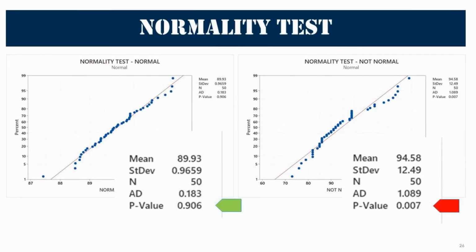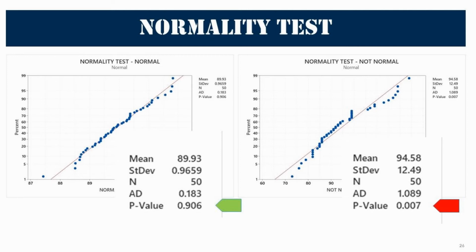You can observe that the data points are going to be close to the red line. And if you observe some funny shapes, like in the chart that we have here, it is going to be not normal. But at the end, in the upper right corner, we are going to see these values.